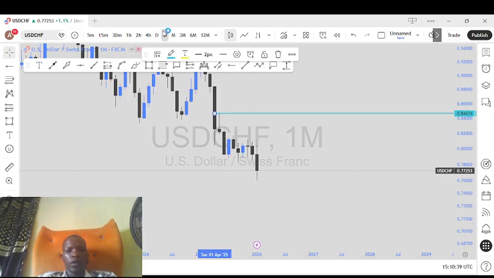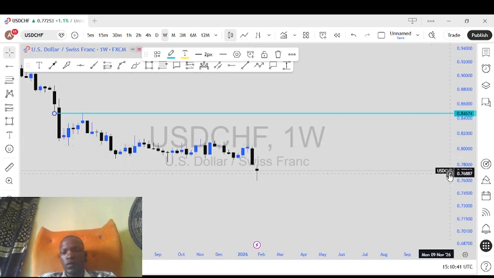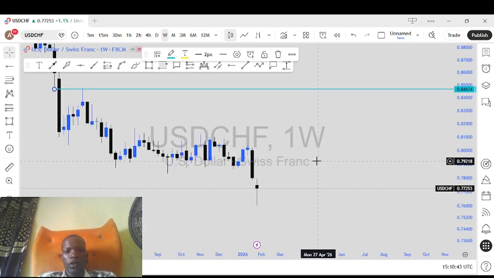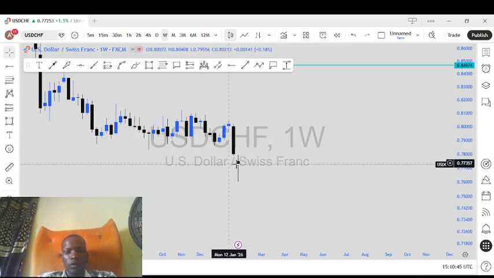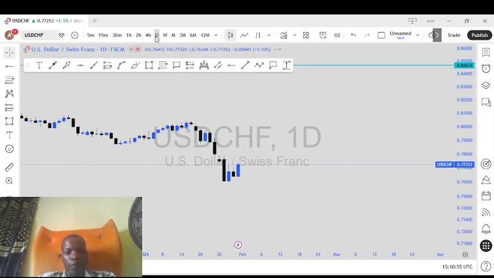Then let's go to the weekly time frame to see what I'm saying. Can you see this contraction? Although the market swept this bearish candle below, there is a lot of contraction giving us a sign that the market will buy.